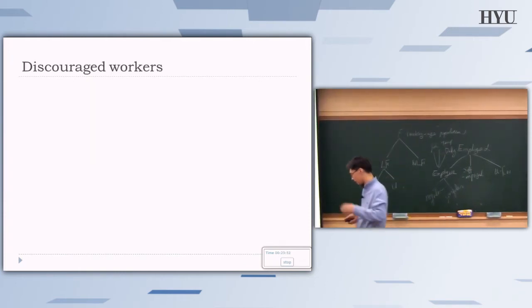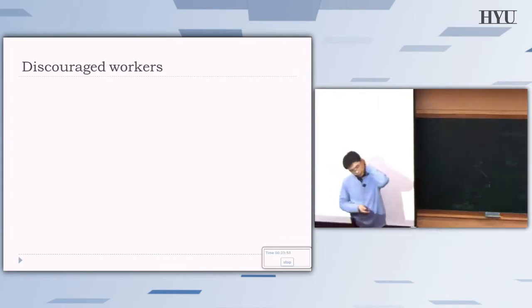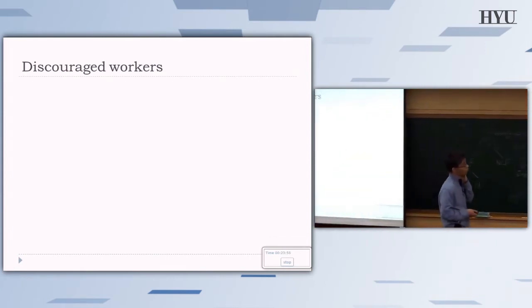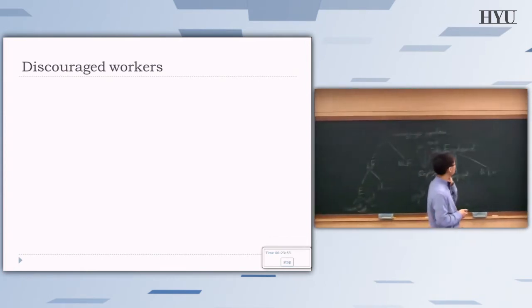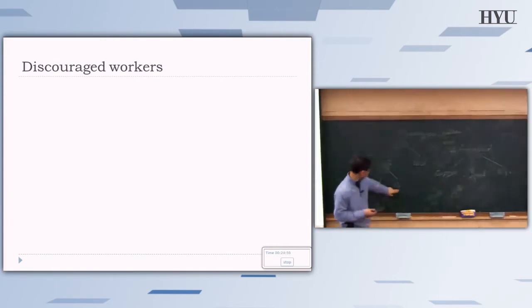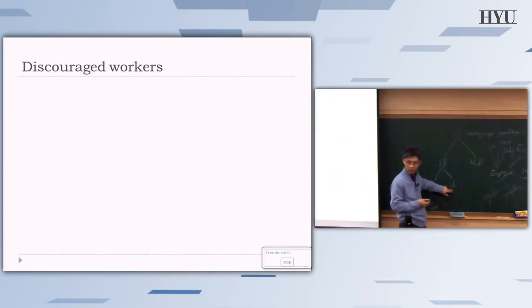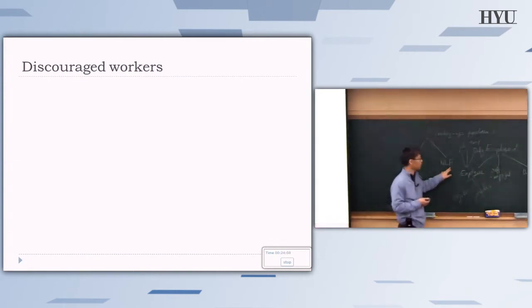Okay, now let's talk about the unemployed people or not employed people. So we discussed what unemployed person means. Unemployed person means not employed but looking for work. Not in the labor force means not employed and neither looking for a job, right?